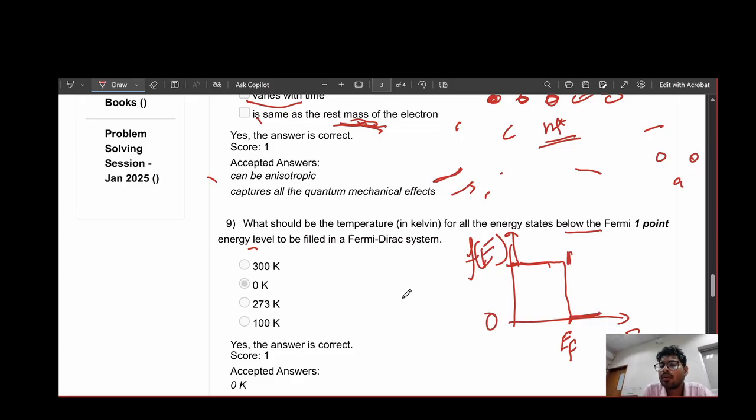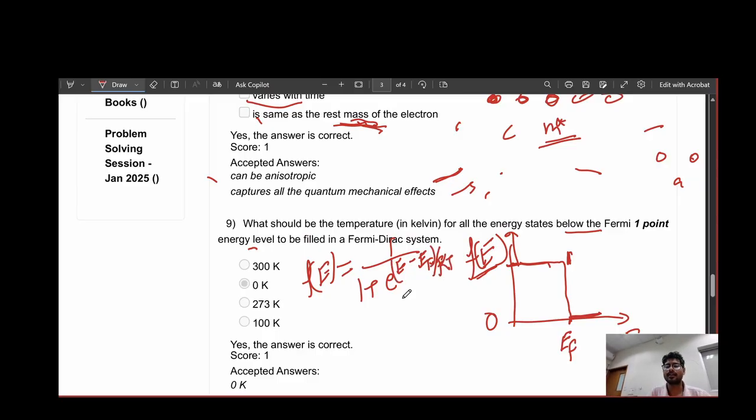Do you remember the Fe and E relation? Fe is the probability of finding an electron at energy E at any temperature T. I'll write that: Fe is equal to 1 over 1 plus e raised to power (E minus EF) by kT.